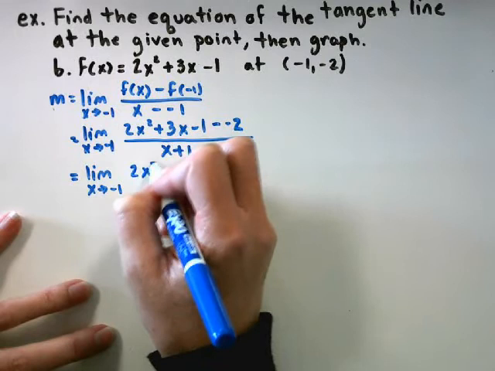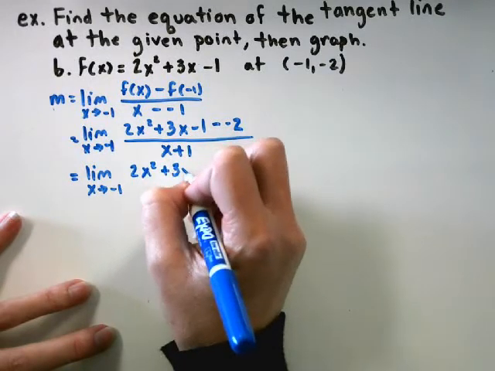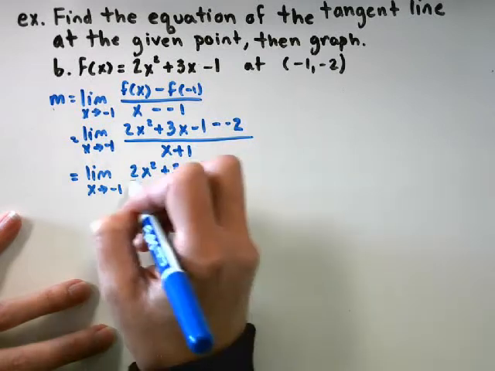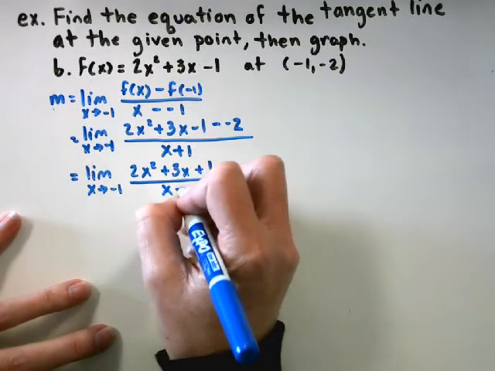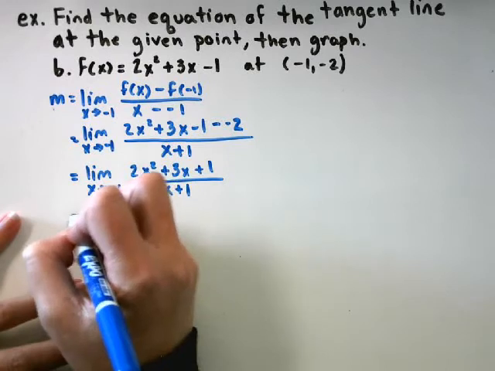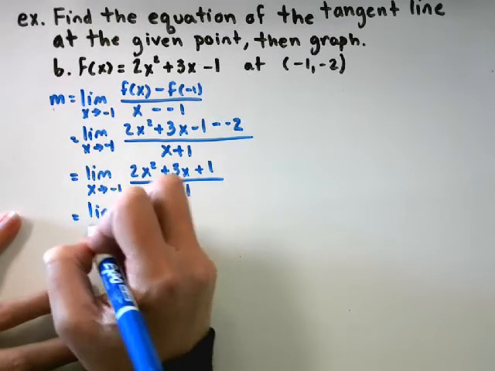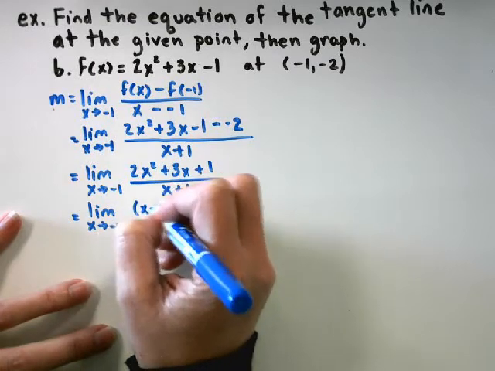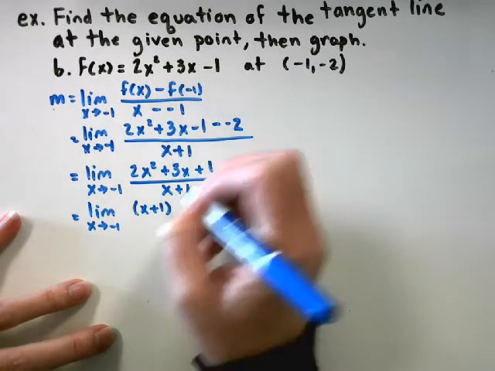So negative 1 plus 2 is a plus 1. Then we factor. So x plus 1 is one of the factors, which means 2x plus 1 is the other factor.